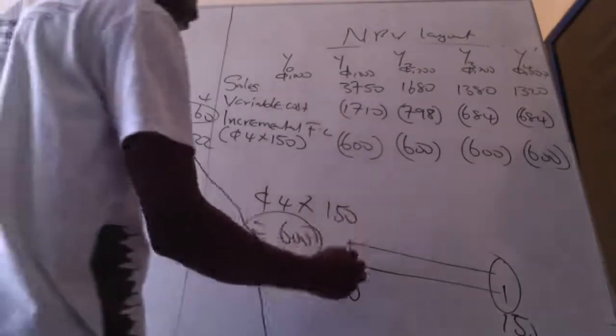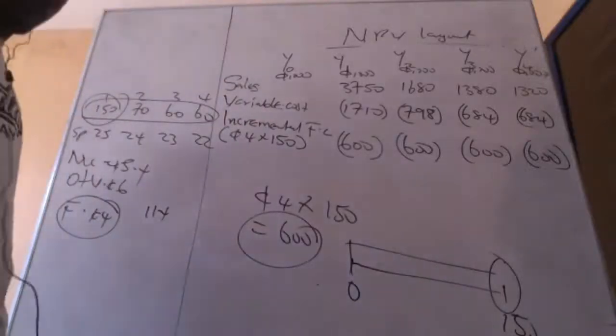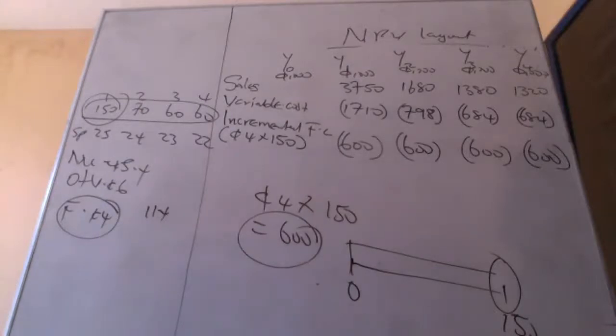And fixed cost must be fixed in the relevant range. Good, so take notes. Fixed cost is fixed in a relevant range.